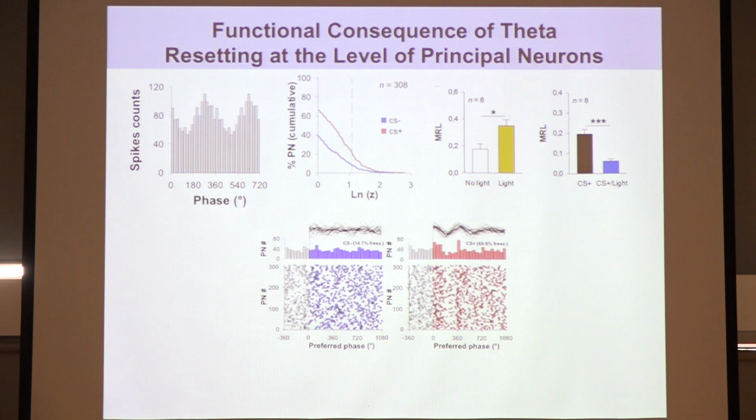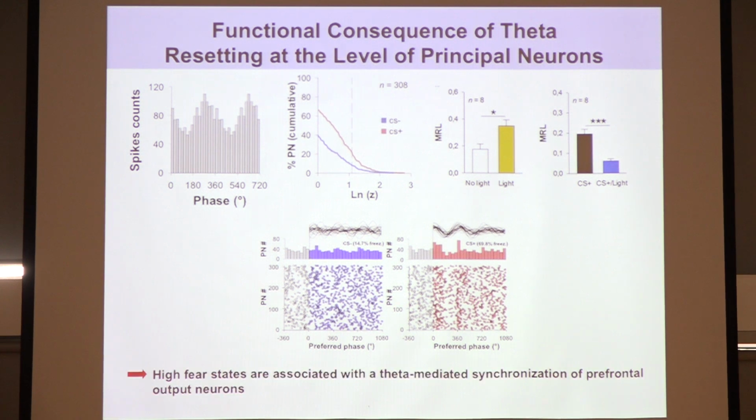And we looked at the phase locking of the pyramidal neurons, for one theta cycle before the tone onset and three theta cycles after the tone onset. And what you clearly see is that when you have a resetting of the oscillation, the neurons start to fire at the peak of the oscillation, right? So this resetting of theta oscillation induces a synchronization of prefrontal output neurons.